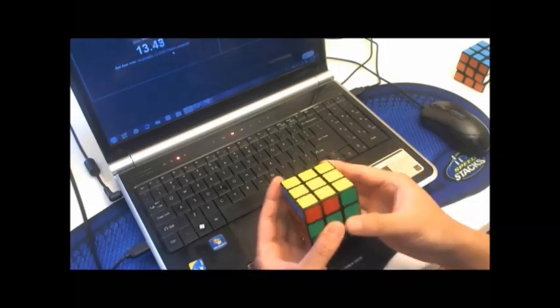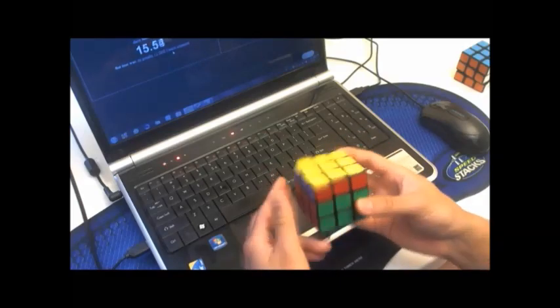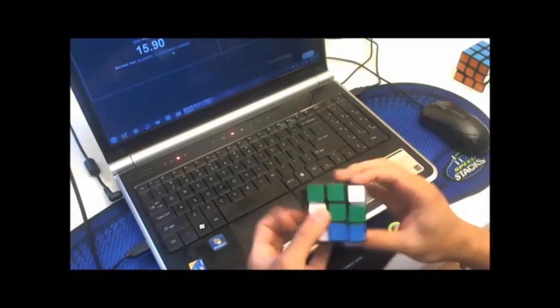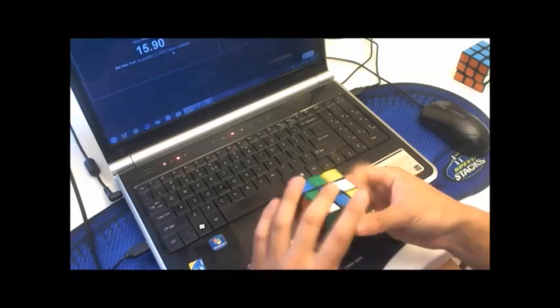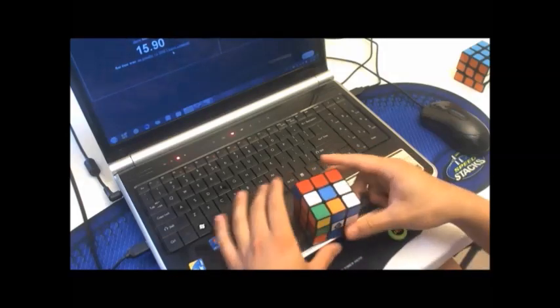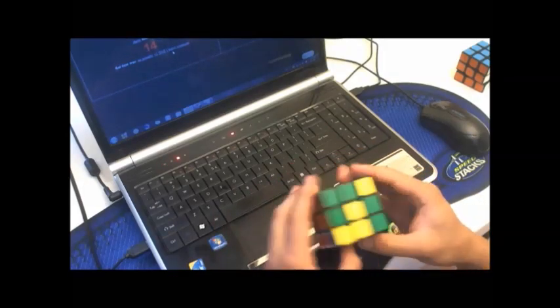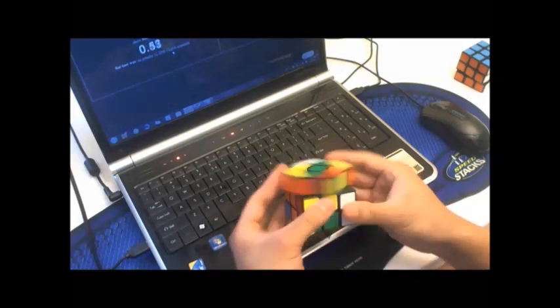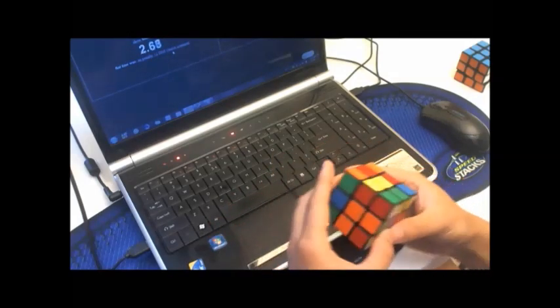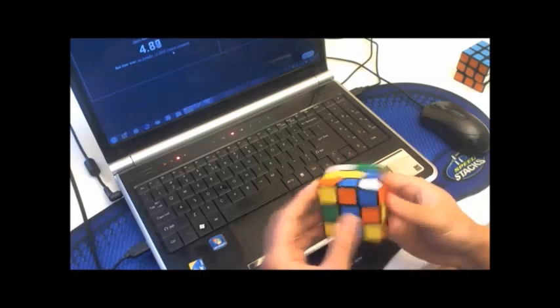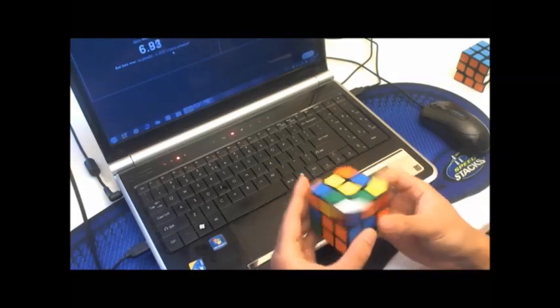Instead of just figuring out the cross, he can locate the pieces and try to figure out the pieces that don't move. So I'll link his channel in the description for you guys to check out. He is a remarkable solver, and I think more people should take some time to just check out what he's capable of, because he certainly knows how to spend his time during the inspection.